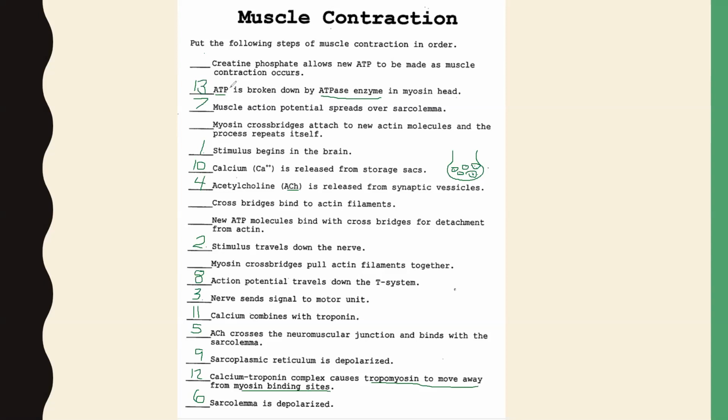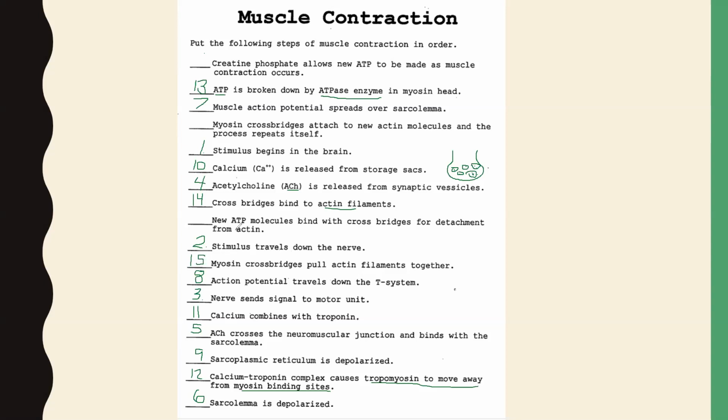So this is the next step, that the heads are primed and ready to reach up and grab onto the actin, and then we'll form cross bridges where the myosin heads are actually binding to the actin filaments. And then the myosin cross bridges will pull the actin filaments together, sliding towards the H zone.